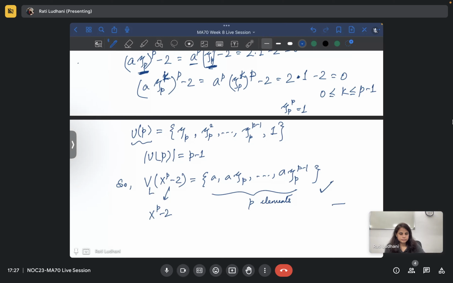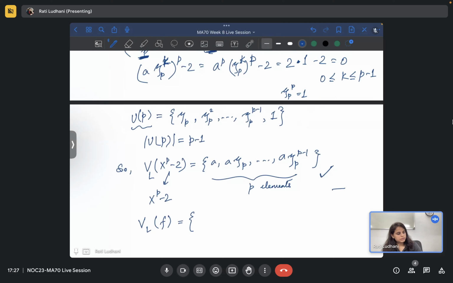Ma'am, V_L of x to the power p minus 2. What is the notation V_L? I have not remembered. Which one? V_L. Okay. V_L of f denotes the set of roots of polynomial f in the field L. So this is the definition.